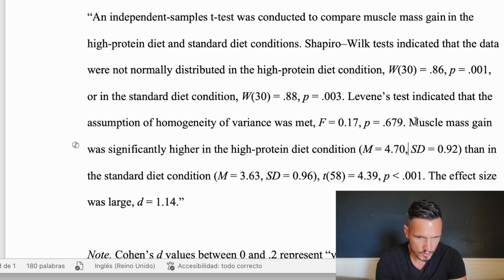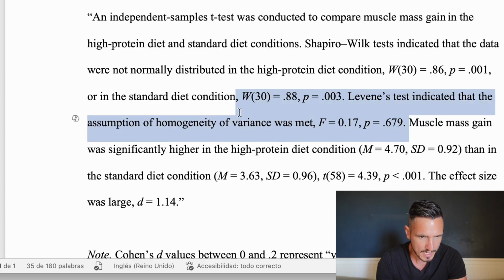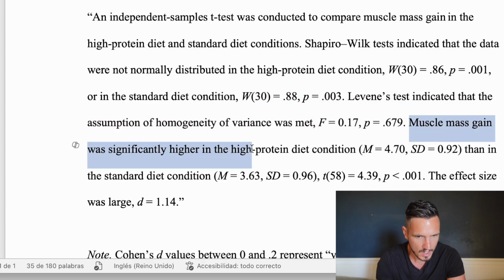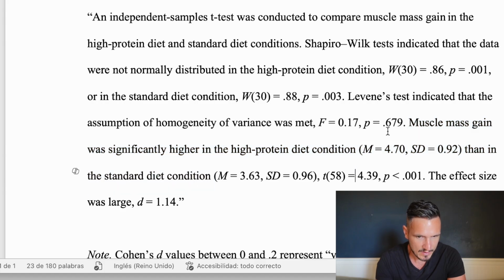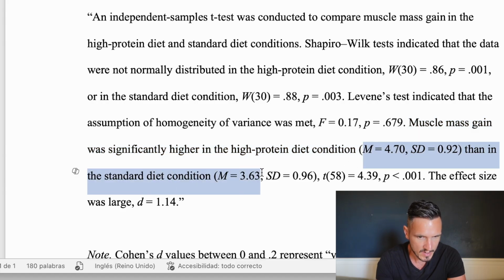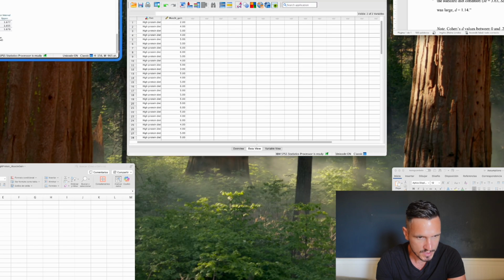And then next we get to reporting the results of the t-test itself. So I've said that muscle mass gain was significantly higher in the high protein diet condition than the standard diet condition. And then we have these means and standard deviations for both conditions. So for the high protein diet condition, we have a mean of 4.7 and a standard deviation of 0.92.